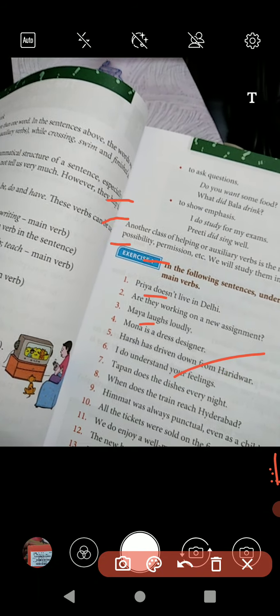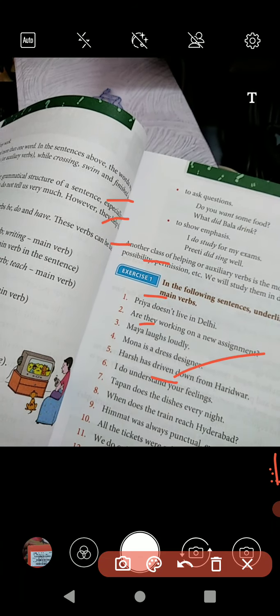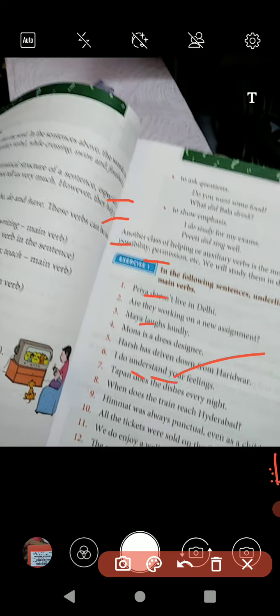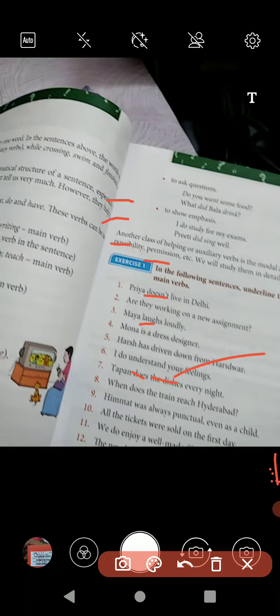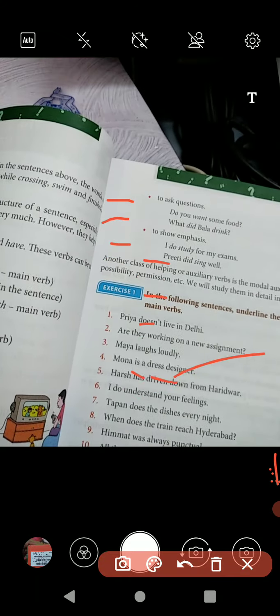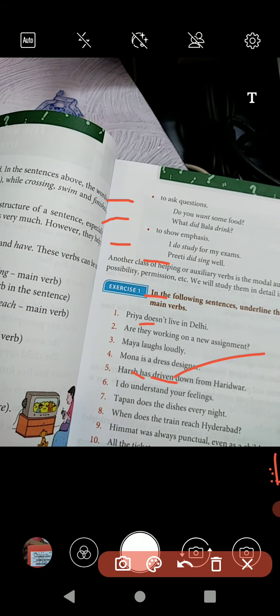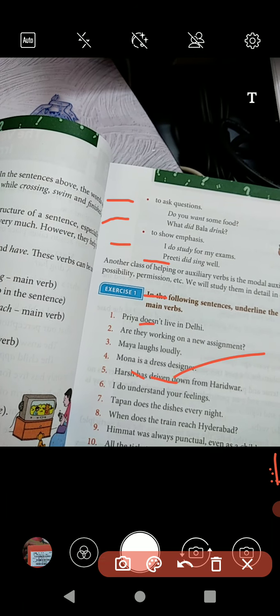The main verb is drive. So driven is the main verb. And what is auxiliary verb? It is has. Harsh has driven. Has is the auxiliary verb and driven is the main verb.